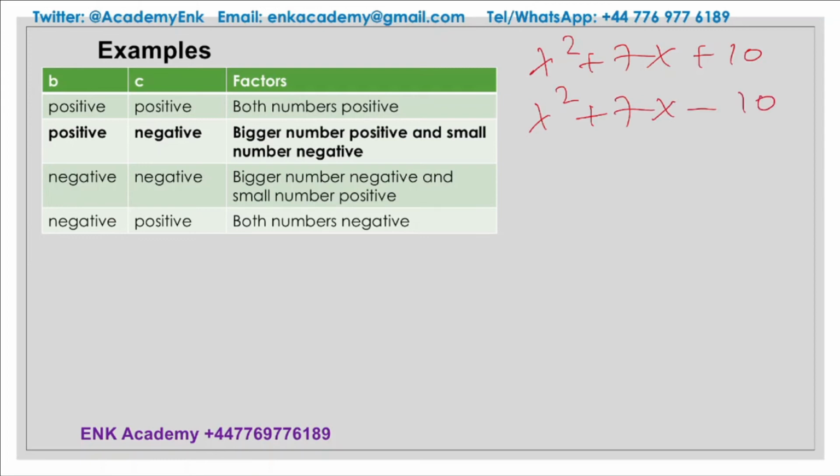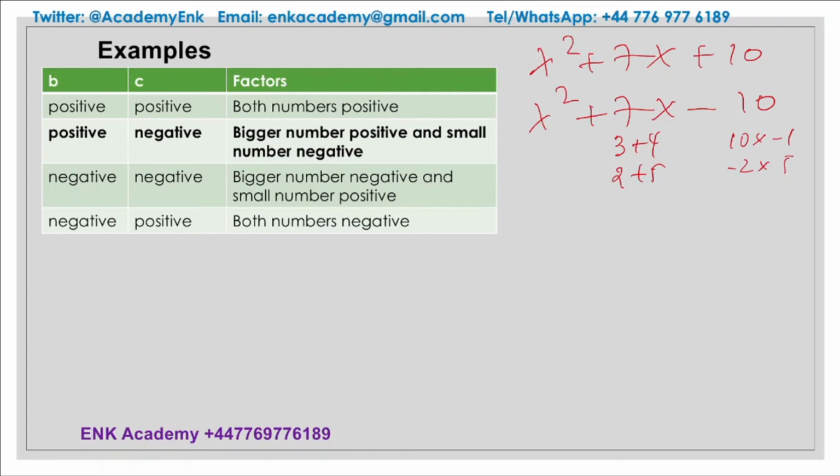Here the multiplication will be 10 and minus 1, or the other way around, or minus 2 and 5.